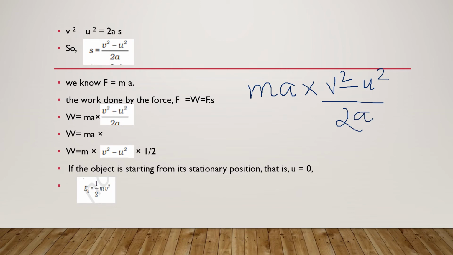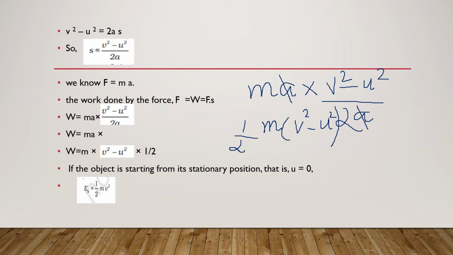Okay, so a and a are common factors we can remove. Then what remains is half. This 1 by 2 remains, half m into v square minus u square. So the equation has become half into m into v square minus u square.